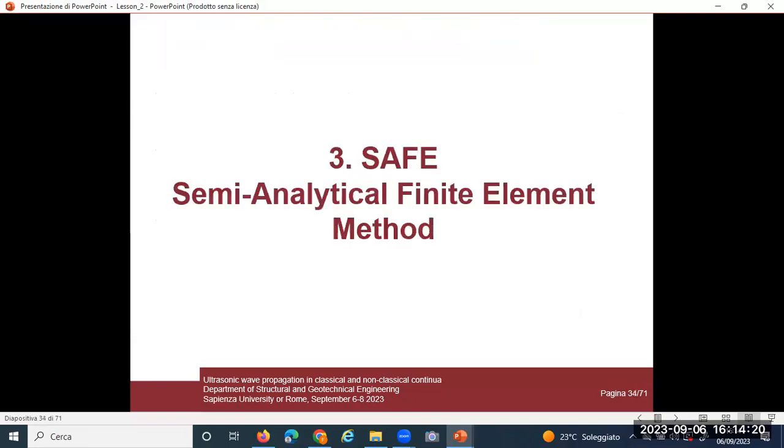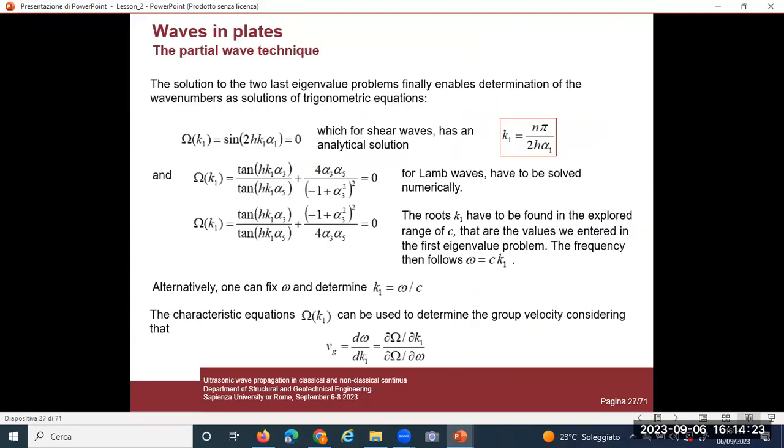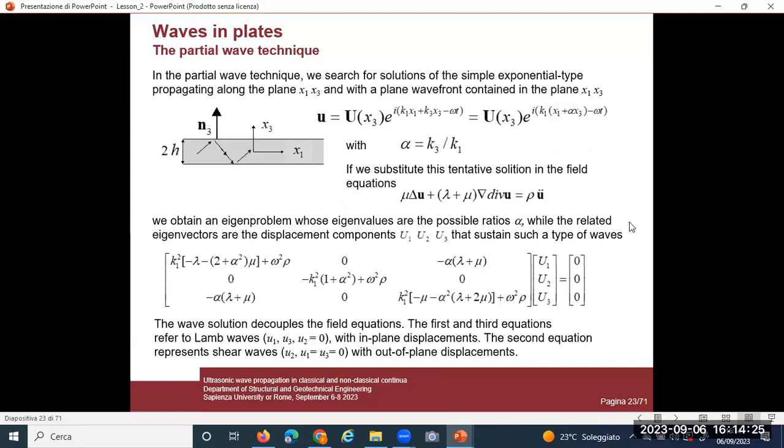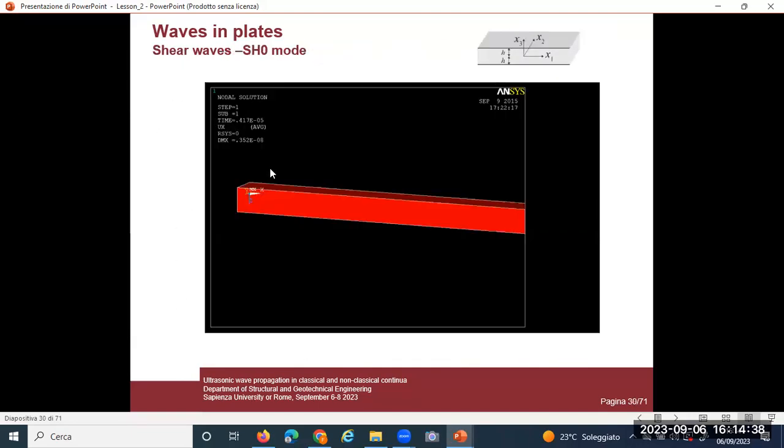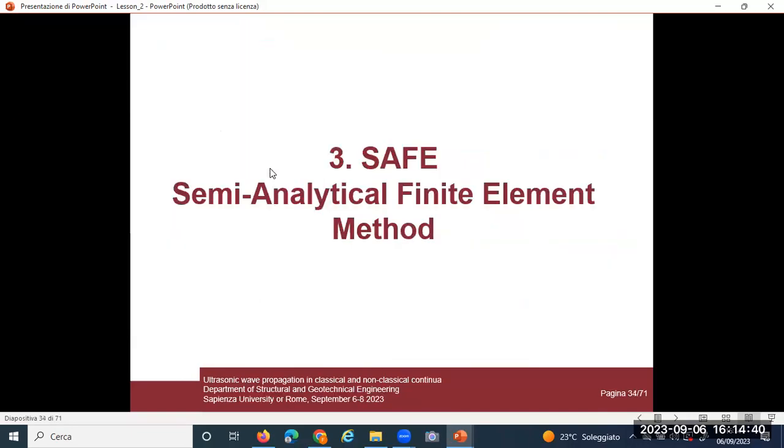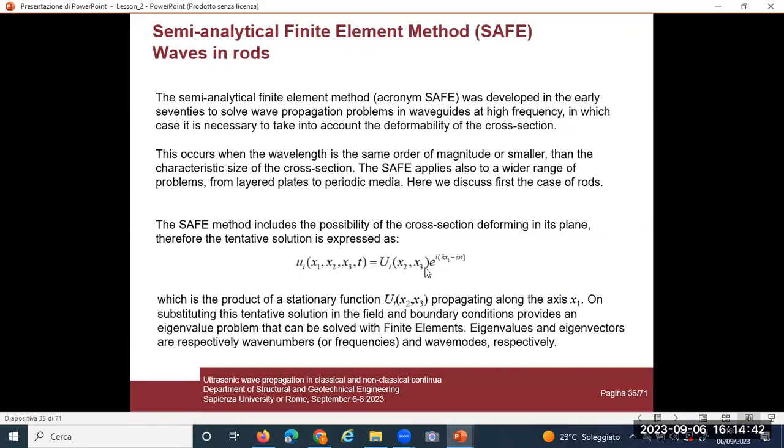Let me go back to the previous one. You see that the wave modes were just a function of the height of the plate. Here, for rods, it's going to be a function of the whole area, and the propagation is enforced to occur along just x1.